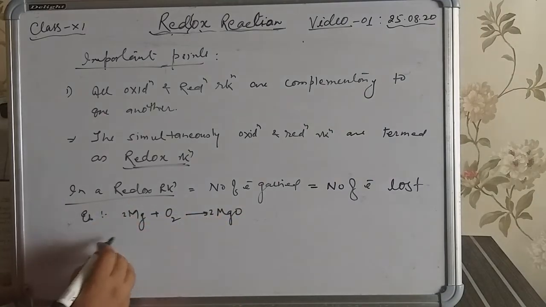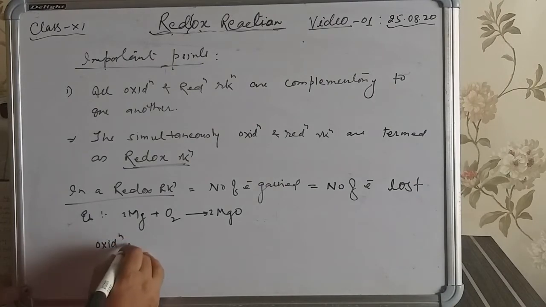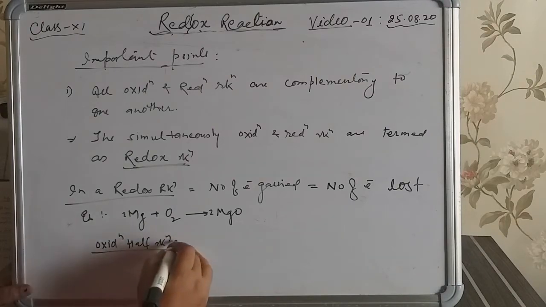So let's discuss the half reactions, called the oxidation half reaction and the reduction half reaction. At first we discuss the oxidation half reaction, which means we write the equation in which only oxidation takes place.